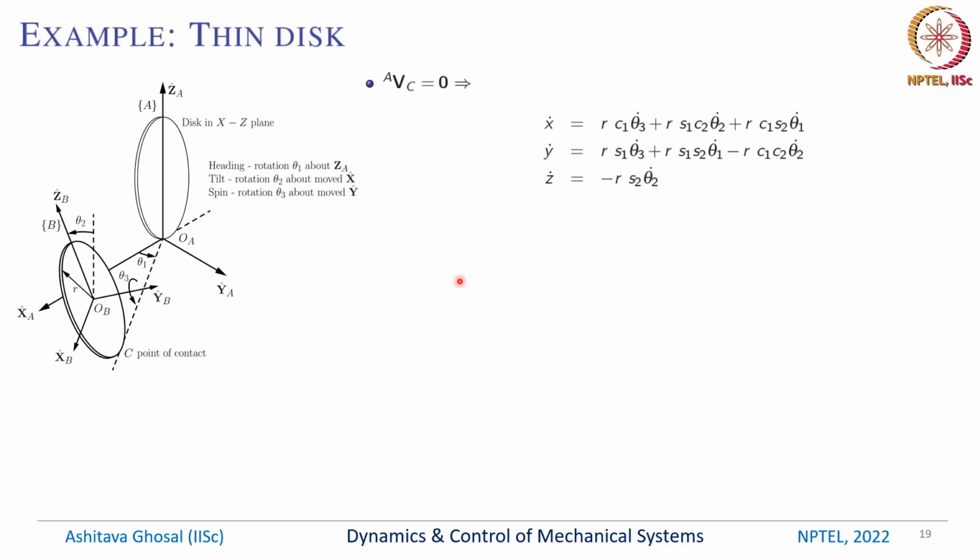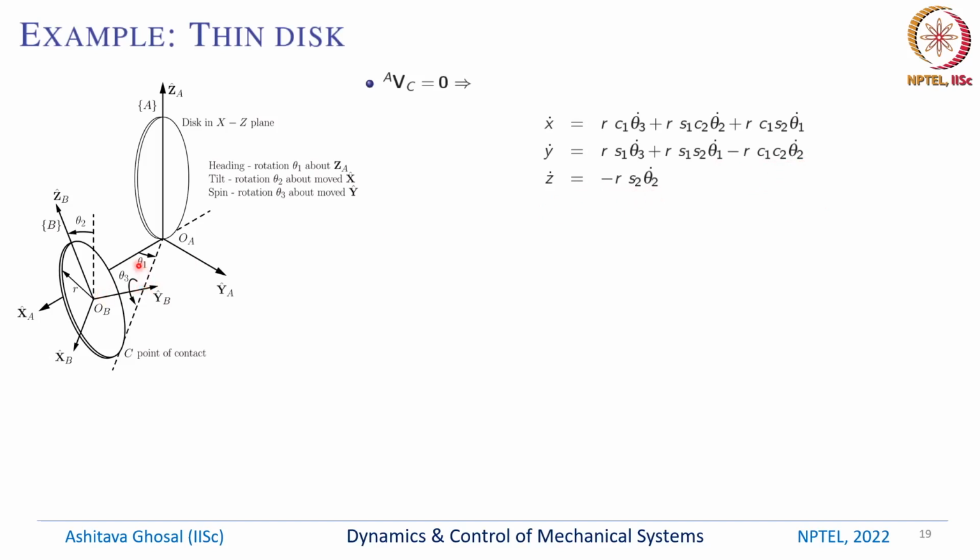So if you say that this velocity is 0, we get x dot equal to r cos theta 1 into theta 3 dot plus r sin theta 1 into theta 2 dot plus r cos theta 1 sin theta 2 into theta 1 dot. Likewise, y dot is r s1 theta 3 dot, r s1 s2 theta 1 dot minus r c1 c2 theta 2 dot, and z dot is minus r s2 theta 2 dot.